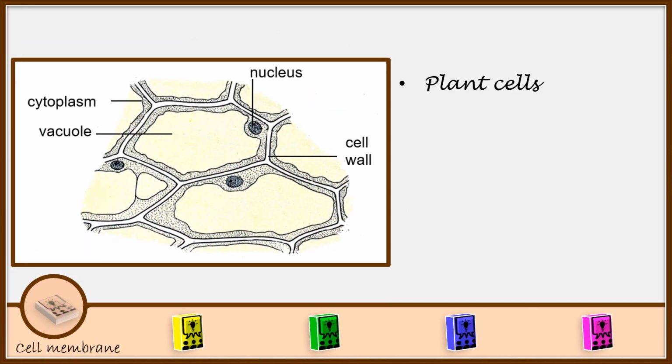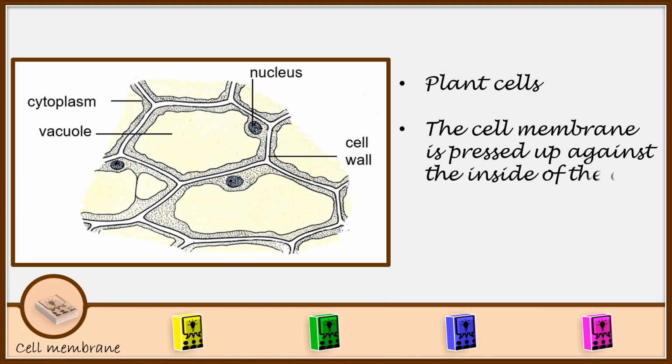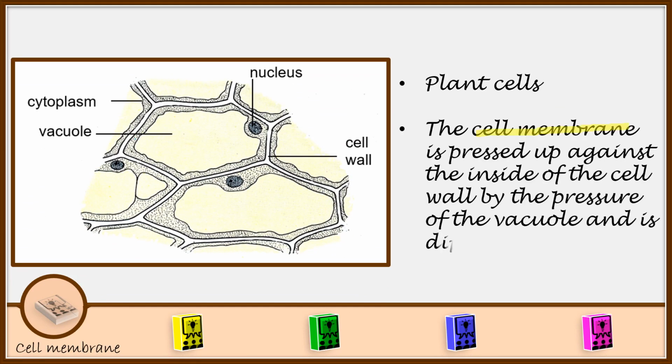Plant cells. We want now to look at the plant cells. The cell membrane is pressed against the inside of the cell wall by the pressure of the vacuole and is difficult to see.